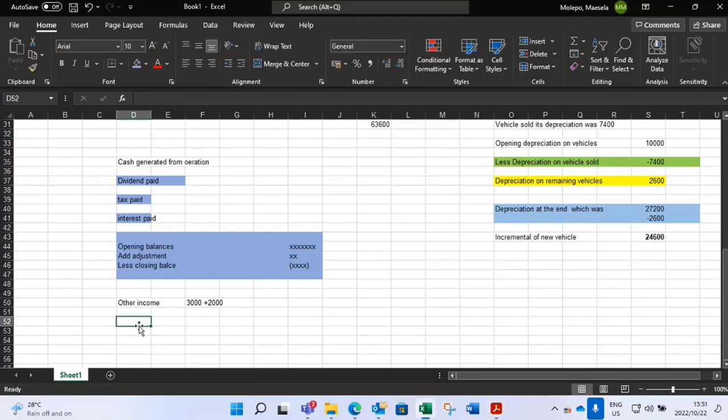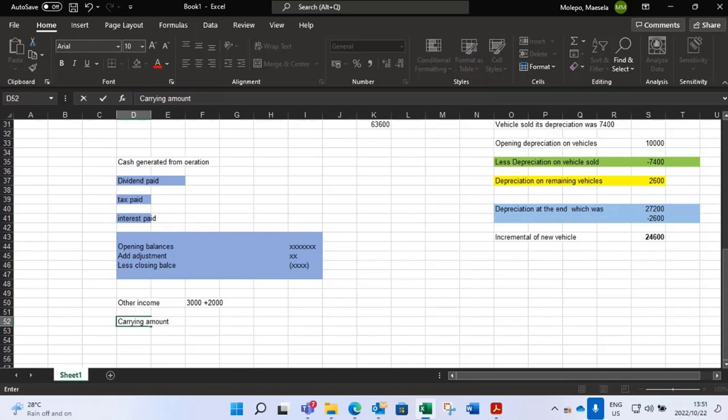Adjustment number 4 says carrying amount of vehicle sold is how much? Or carrying amount of the vehicle traded in. It should be 7,000, I think.